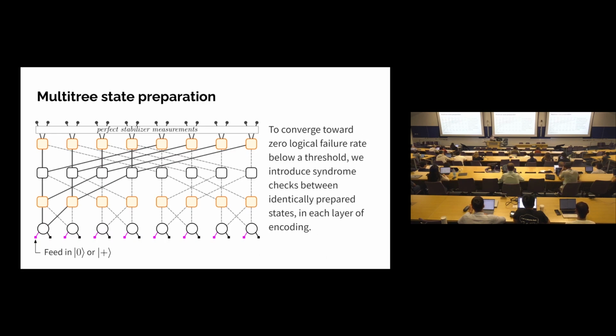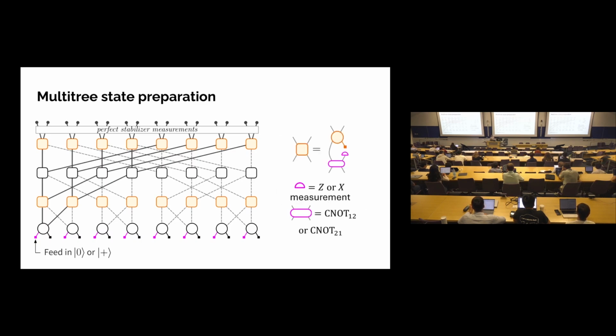And why have we gone to this multi-tree? The idea is that what we're doing at each layer is actually performing syndrome checks between two identically prepared states in each layer of the encoding. Each of these square boxes is really doing a transversal CNOT between two blocks that are encoded the same way, measuring one of them, so that's the ancilla that we measure in some basis, and then using that ancilla that we've just measured, we can reset it and feed it into the next layer of the encoding.